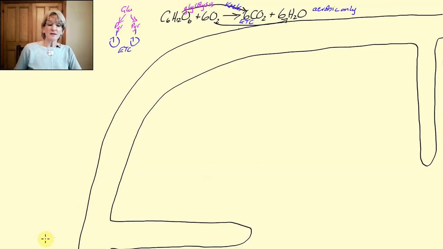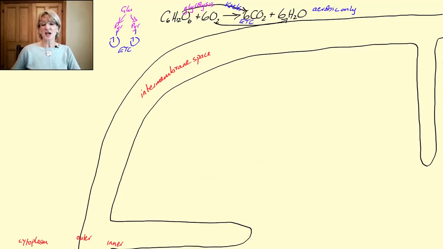I'm hoping that you are recognizing that outside here is the cytoplasm. And this is the outer mitochondrial membrane. This one is the inner mitochondrial membrane. And funnily enough, this space in between them is the intermembrane space.